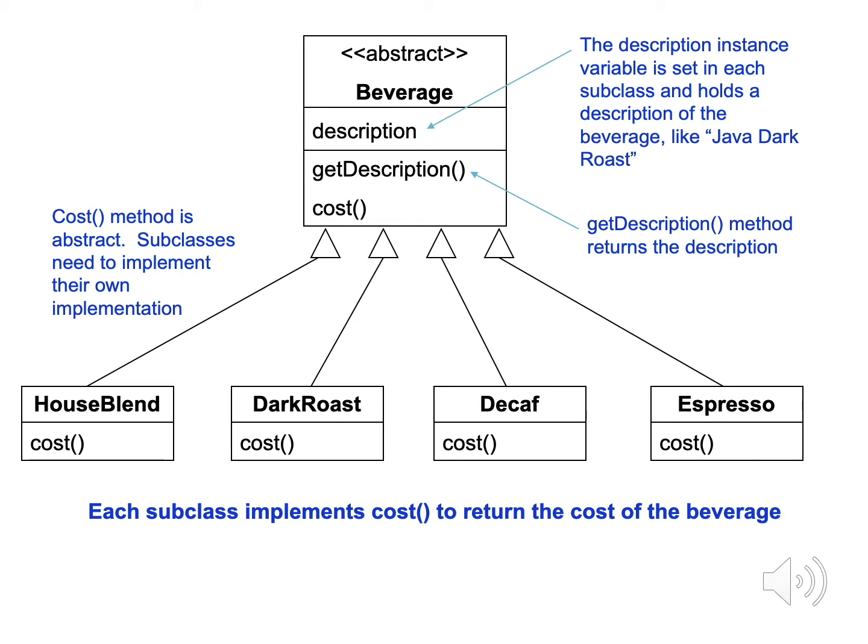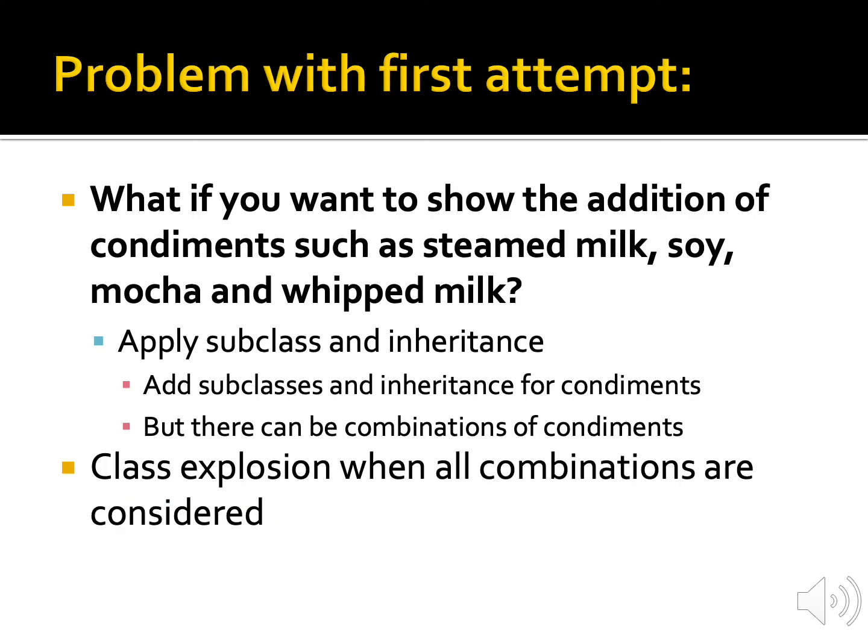But what is the issue with this UML representation? The UML we designed for this coffee example on the previous slide is not appropriate, because how can we handle the condiments? How can we show the addition of condiments such as steamed milk, soy, mocha, and whipped milk?